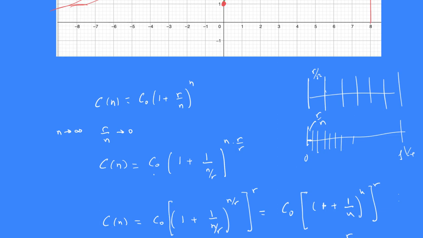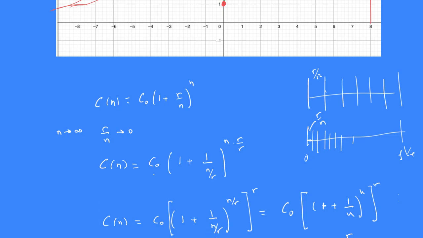So C sub n will be C sub 0 times 1 plus 1 divided by n divided by r, and see what happens. Name n divided by r as u.